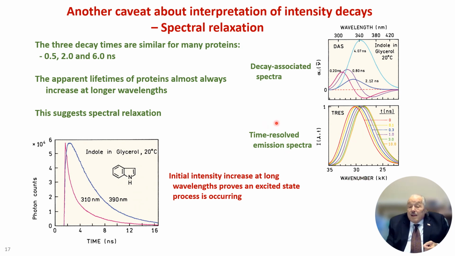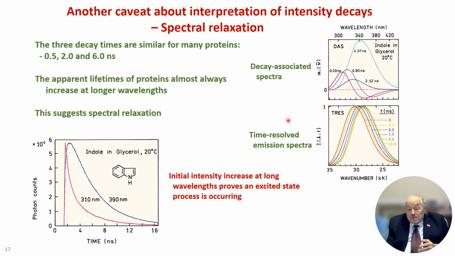Another way of describing this system is to look at the decay associated spectra. So here an analysis is done where we get all of the pre-exponential factors and the taus.